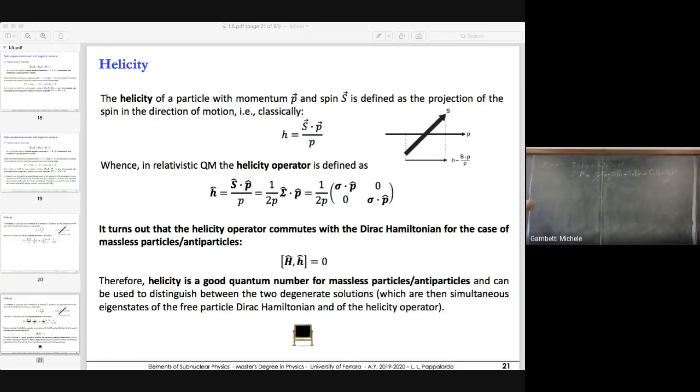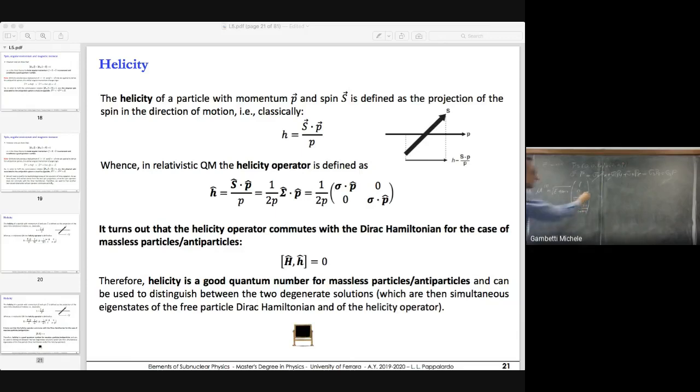Now let's write down the full expression of the first positive energy particle solution, U1. In general we found that it is given by square root of E plus M, and then we have 1, 0, Pz over E plus M, and then Px plus i Py divided by E plus M. So this is the solution that we derived last time.